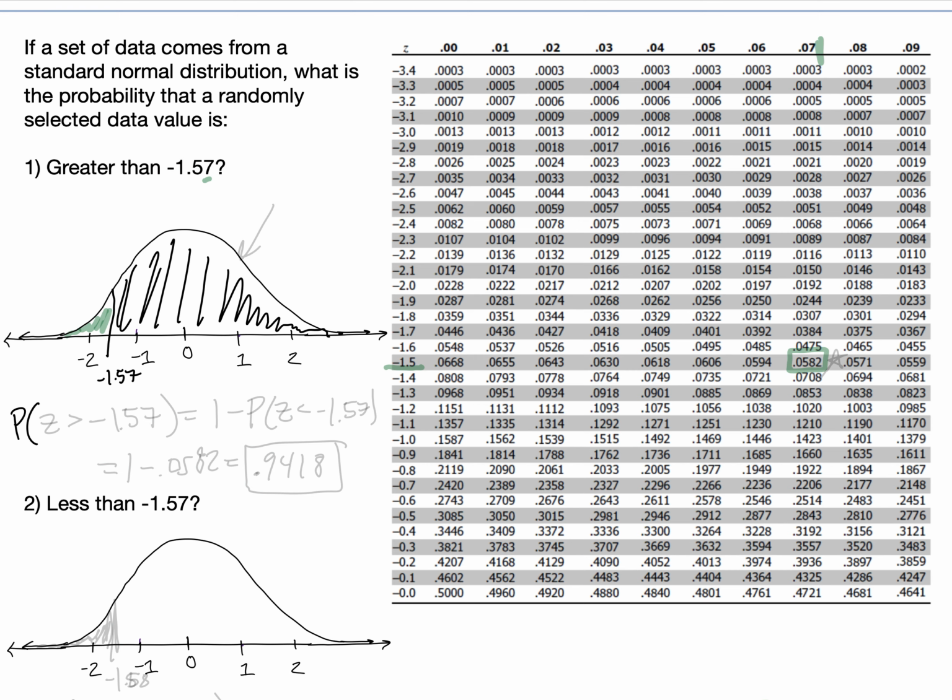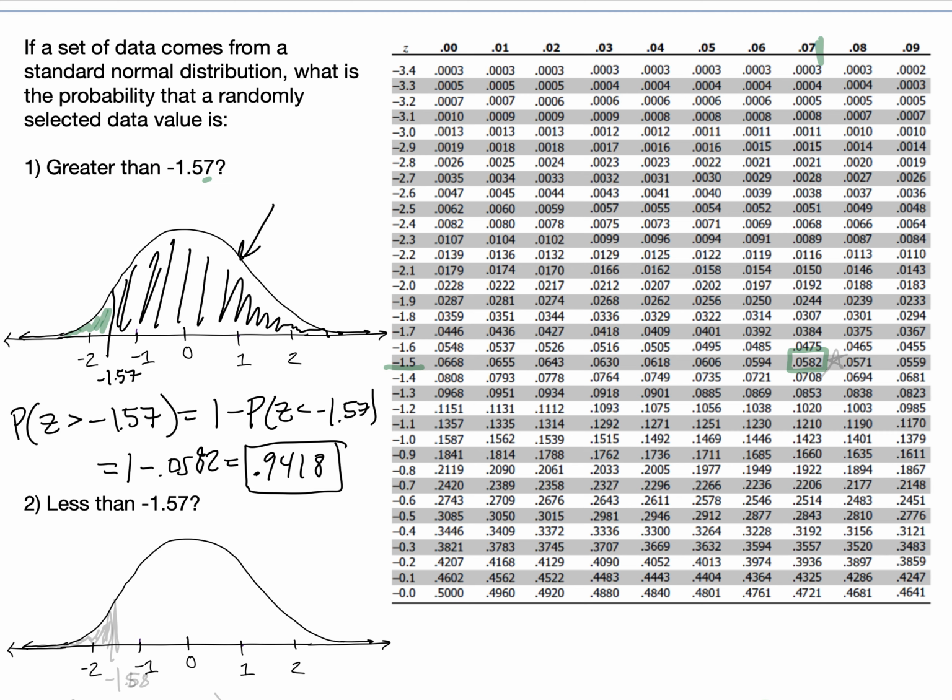So the probability that z is greater than negative 1.57 is equal to 1 minus the probability that z is less than negative 1.57. And so that is equal to 1 minus 0.0582. And so that is 0.9418. So 0.9418 is the probability of this black shaded region that this data value is greater than negative 1.57.